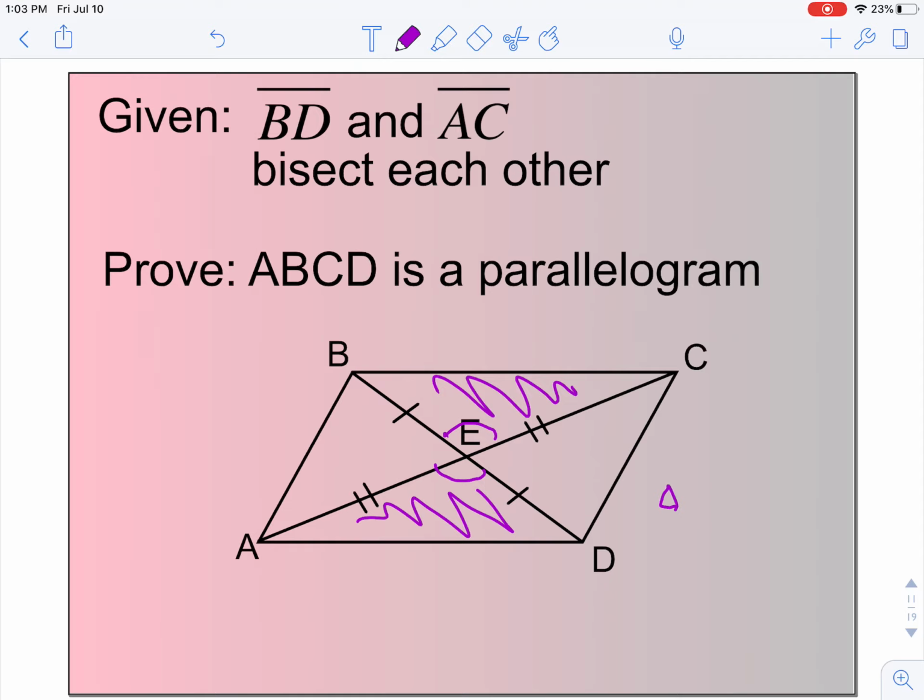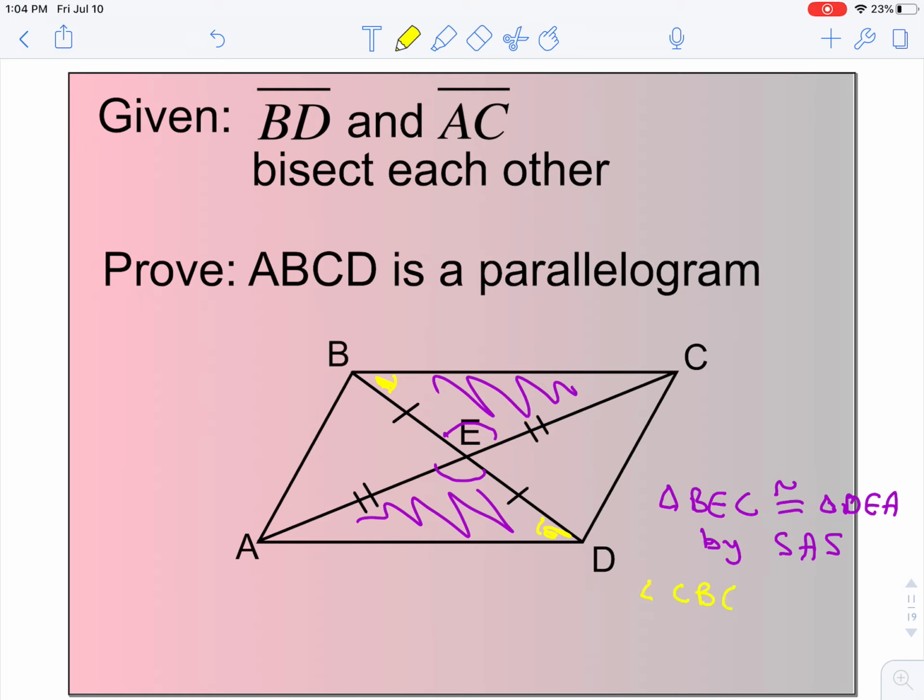So we have triangle BEC is congruent to triangle DEA because of side angle side. That's one way we can prove those triangles are congruent. Well, if the triangles are congruent, then remember, every corresponding angle will be congruent.